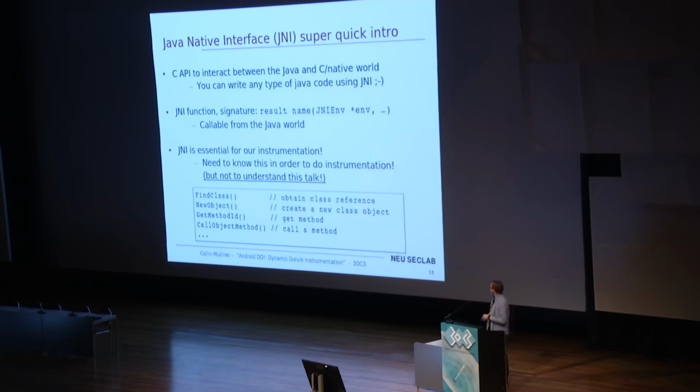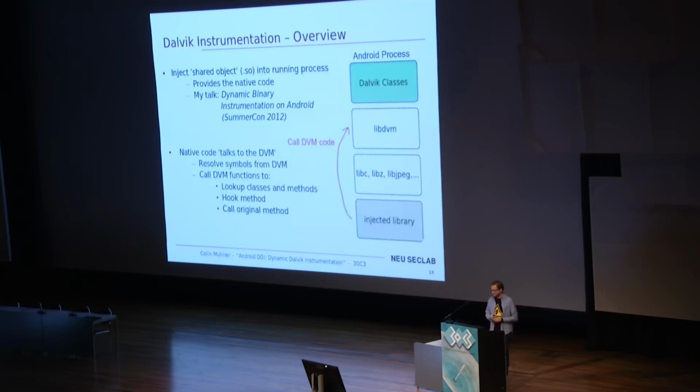The basic signature of a JNI call looks like this. You have a method name, you have a result, and you have the JNI environment. And then you have a bunch of parameters. The JNI interface provides us with a bunch of functionality like FindClass, which gives you a reference to a class. We can create new objects and so on. It's a really simple interface.